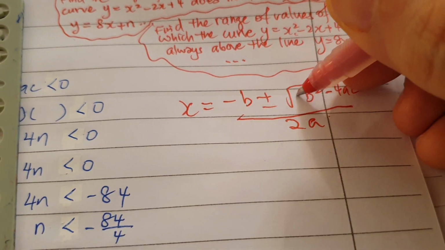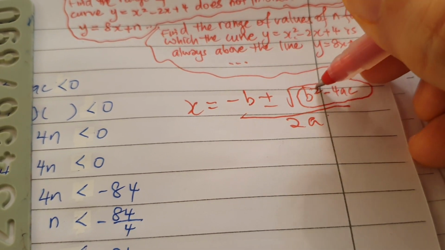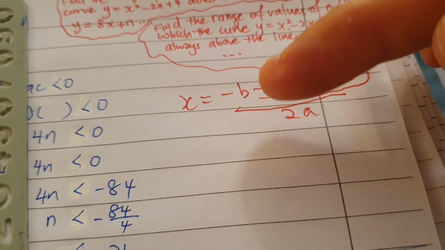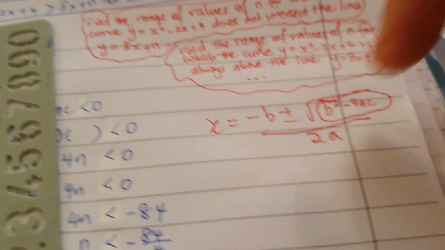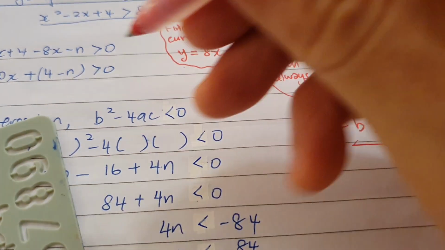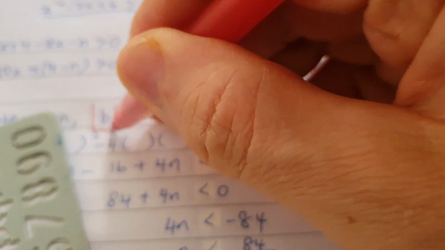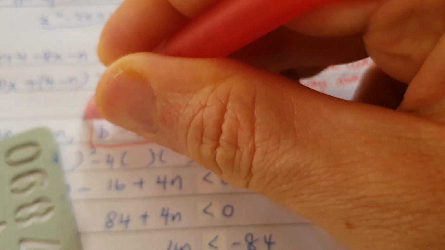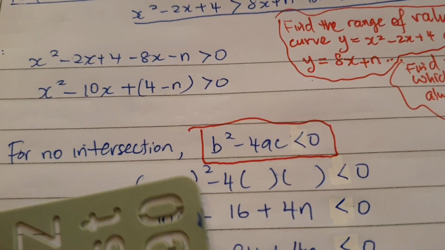So this is your discriminant, or like your litmus paper to see whether it cuts, never cuts, or whatever. So when this part is less than 0, that's the condition we are using later. I'll explain again later. There's no intersection. And for this question it is no intersection.